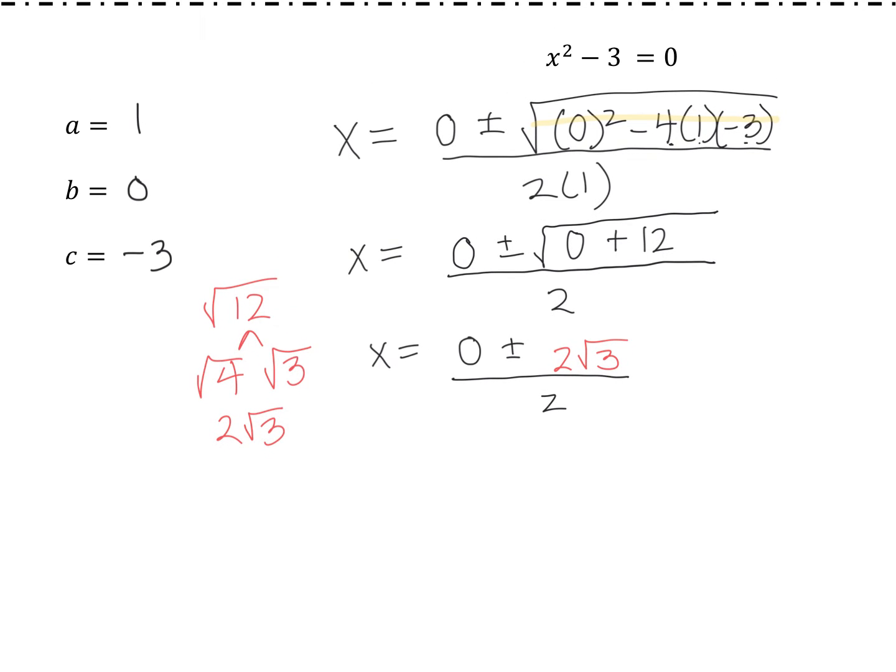If we look at that numerator, 0 plus or minus anything would be just the plus or minus 2 radical 3. And then I see a common factor of 2, so we can cancel that out. And our final answer would be plus or minus radical 3.